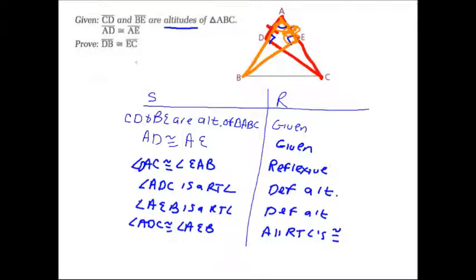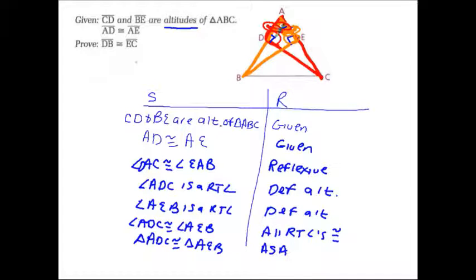On our red triangle, three pieces of congruency: our reflexive angle, our side, and our right angle. I can say triangle ADC is congruent to triangle AEB. The reason? Angle, side, angle.